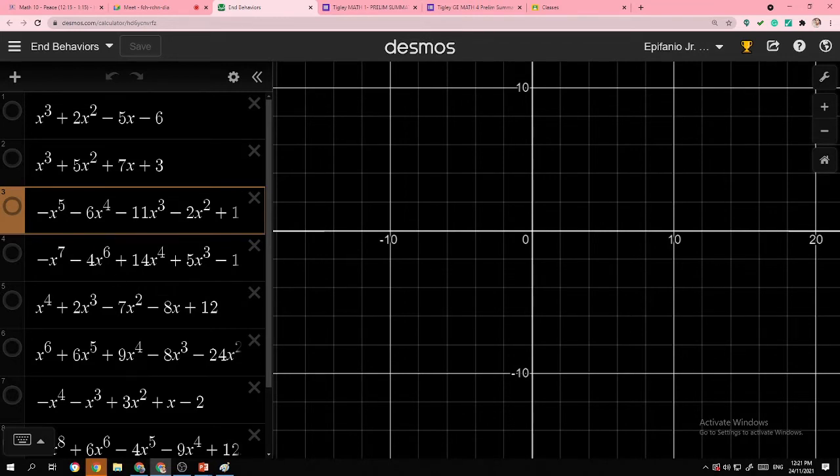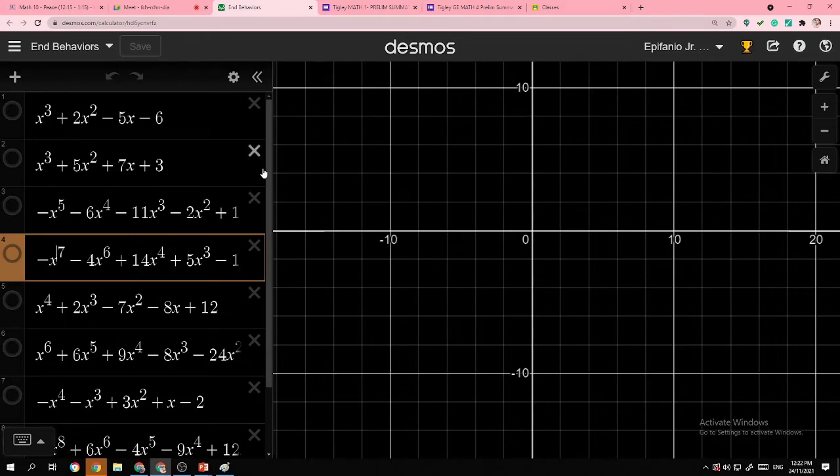What about the fourth one? It's 7. You have noticed that 3, 3, 5, and 7 are odd numbers. That's a very good answer. So take note, for 1, 2, 3, and 4, all the degrees are odd.